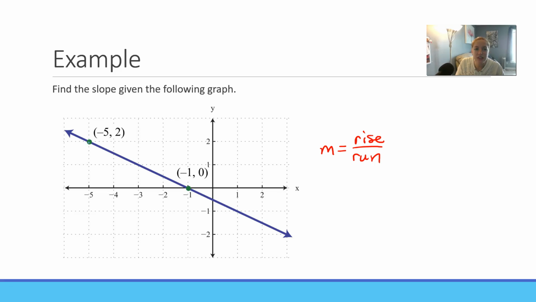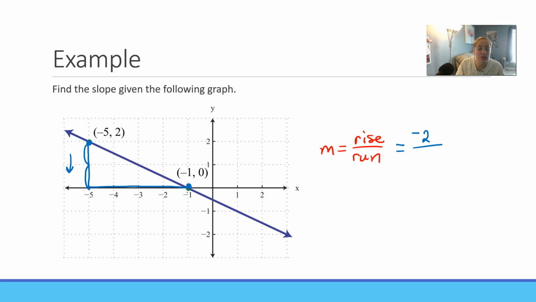Okay. So just grab the leftmost point and we want to make a little right triangle between the 2 points given. And you can pick any 2 points on that line and that should be a true statement. So your rise, if we were going up, it would be positive, but since we're going down, and in fact we're going down 1, 2 spots, this is going to be a negative 2 for the rise.